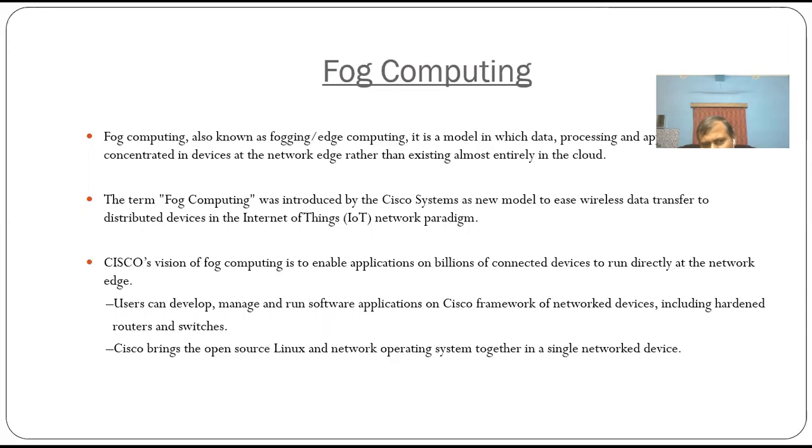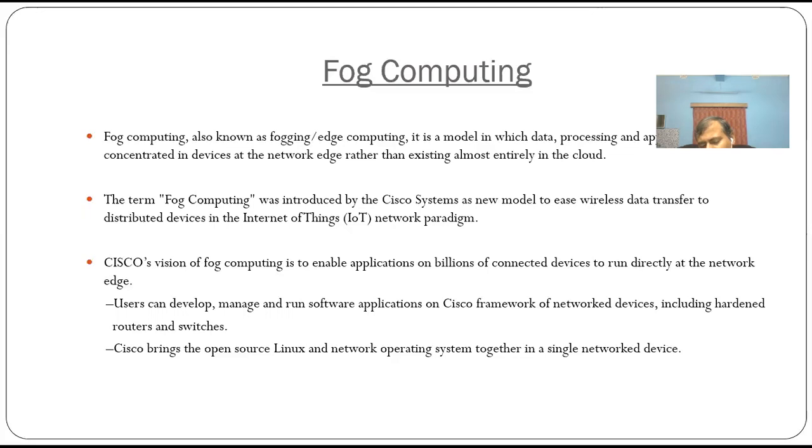So basically, fog computing devices sit in between the customers or the end users and the cloud infrastructure. If we consider the end devices, then the fog computing devices are situated very near to the end user devices or the customer side.